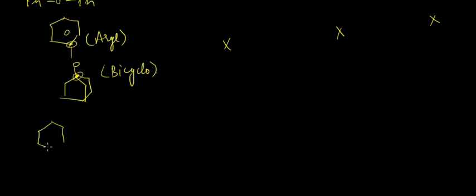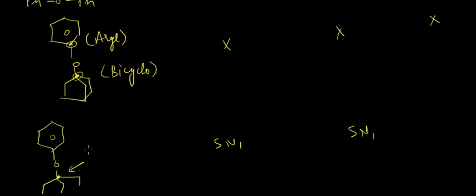What about this case? If we have this type of structure, then obviously the positive charge on this carbon will be a 3-degree carbocation, so this will take place via SN1 mechanism. This will also take place via SN1 mechanism because the steric hindrance or steric repulsion of I will restrict it from attacking on this carbon atom, because it already has 4 bulky groups attached to itself.